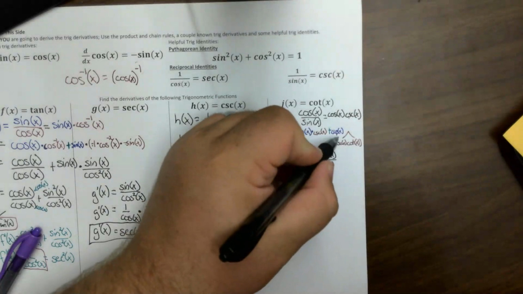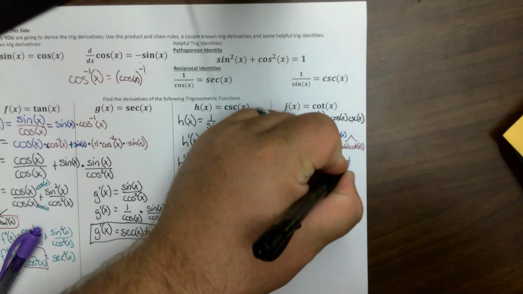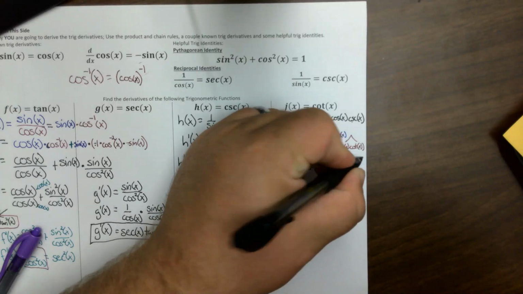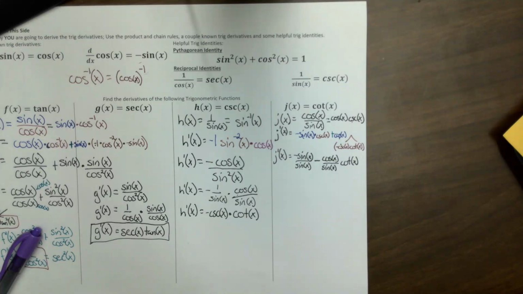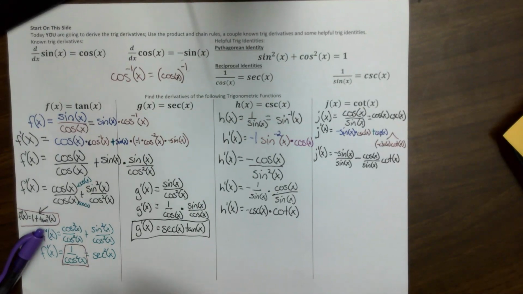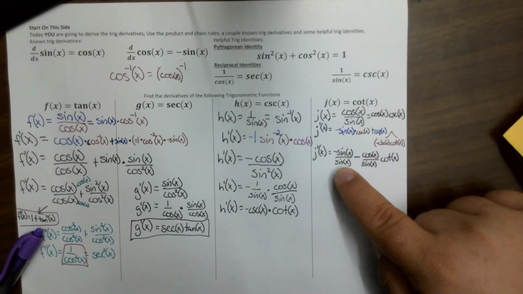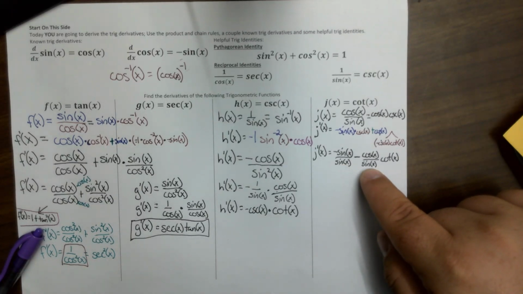That's these two. I still haven't written cotangent. Okay, I'll put cotangent here. Wait a second. Wait a second. This is looking weird. That's a -1. That's a cotangent.